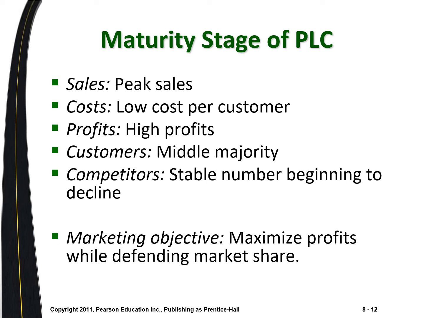So at this stage, the marketing objective is to maximize profits, because your costs are basically fixed, but if you can maximize your sales, you're going to have the largest profit. And what you want to do is probably more comparison, which means you want to defend your market share from new competitors, which means you can start to trade on your reputation.